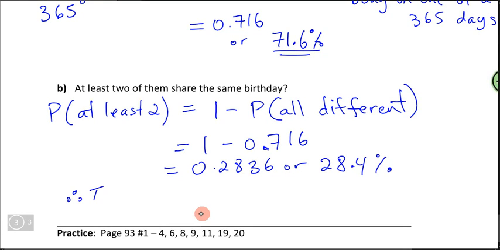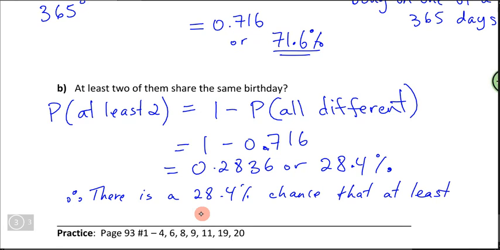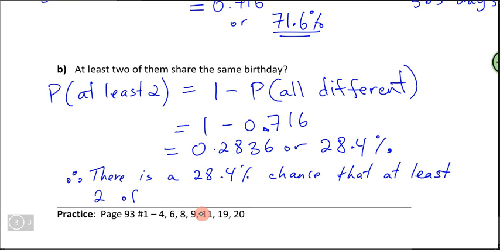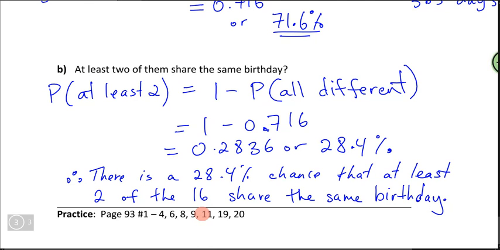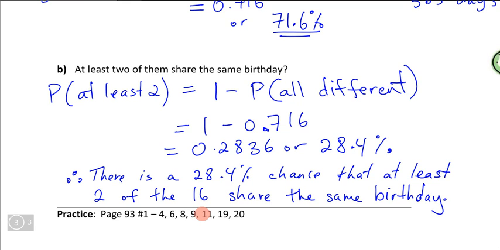So therefore, there is a 28.4% chance that at least 2 of the 16 share the same birthday. Okay.